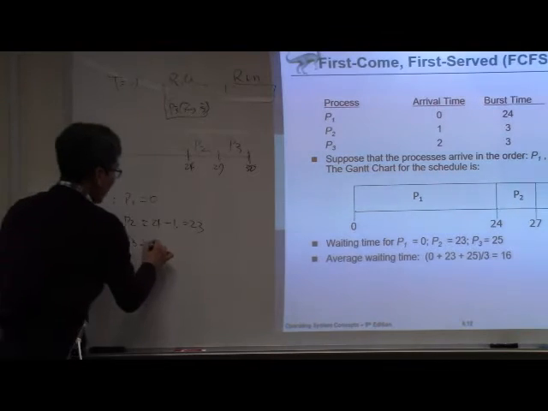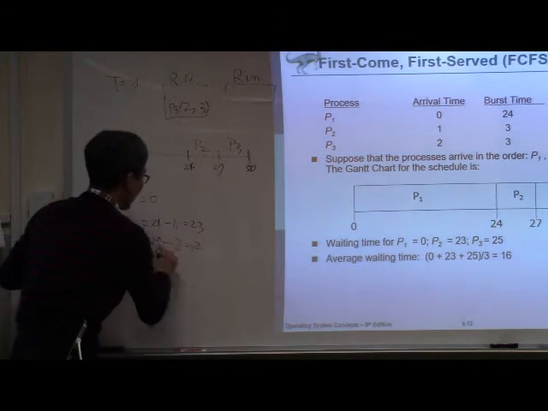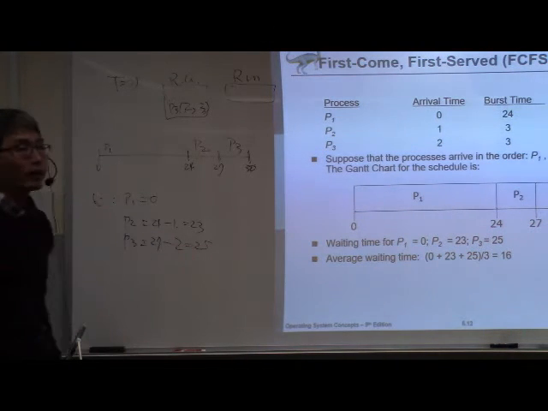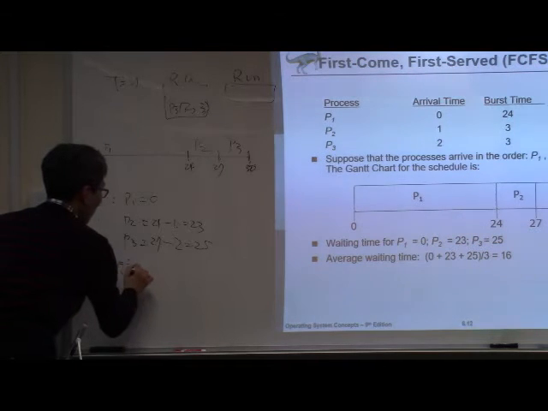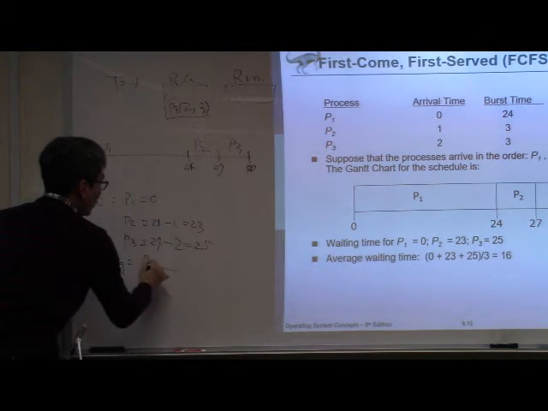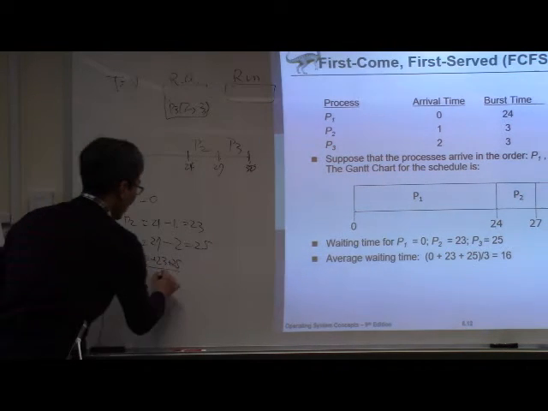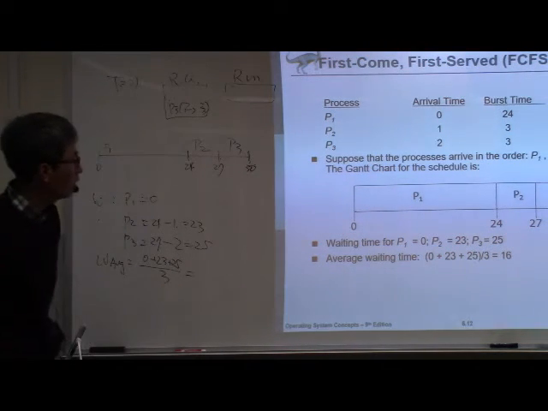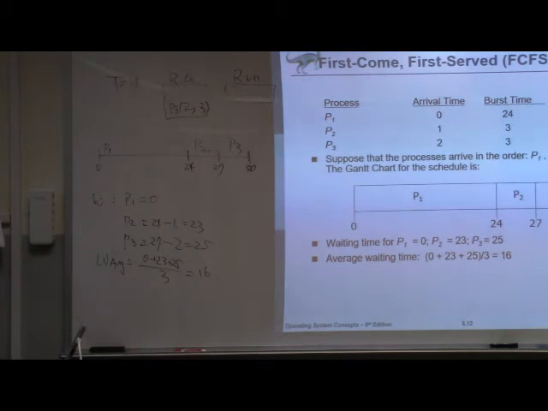P3 started at 27, arrived at 2, so it's 25. So then, the average waiting time is 0 plus 23 plus 25 divided by 3. That is 16. This is the average waiting time.